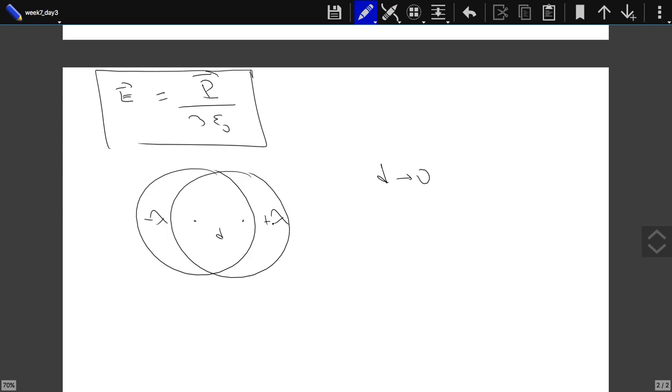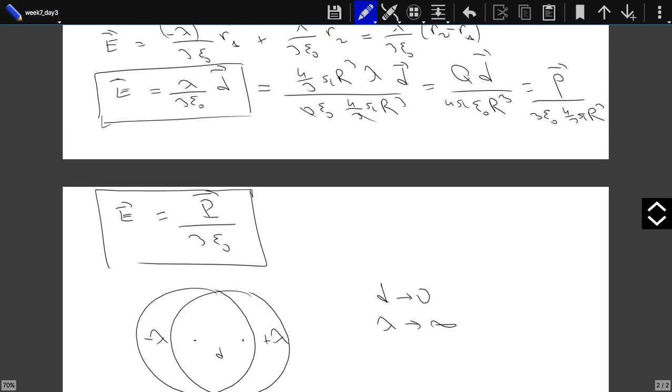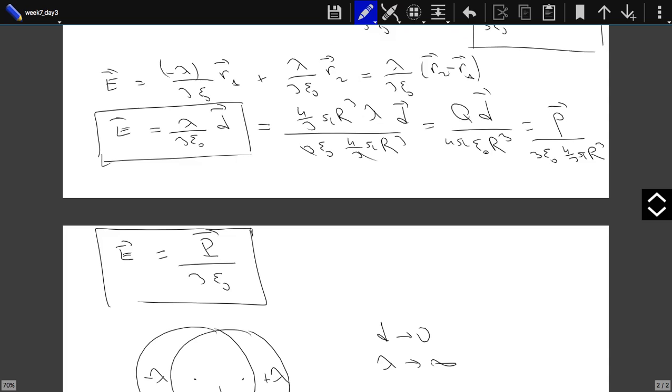So to keep the polarization finite, we have to somehow set lambda to infinity in such a way that q times d should be constant. You see, the polarization is equal to lambda times d.